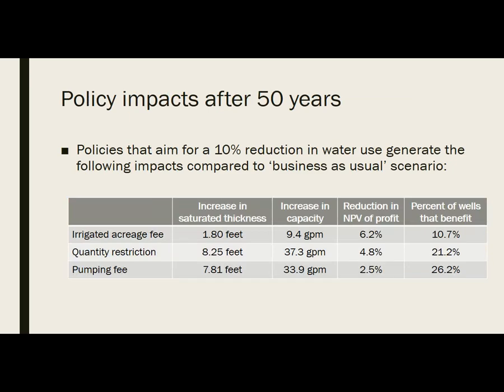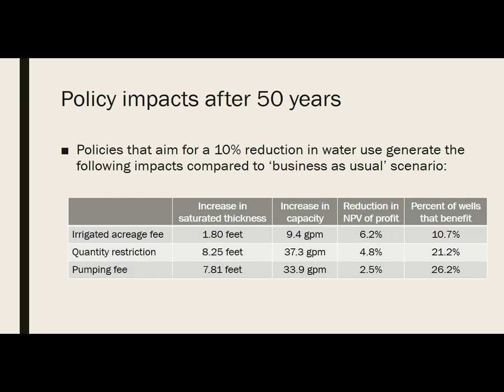So, just a snapshot of results, and again, I'm happy to provide more detail related to these results. If we implement policies that seek a 10% reduction in water use below current use scenarios, what we see is that an irrigated acreage fee tends to result in the lowest quantity of saturated thickness saved after 50 years and the highest cost, right?